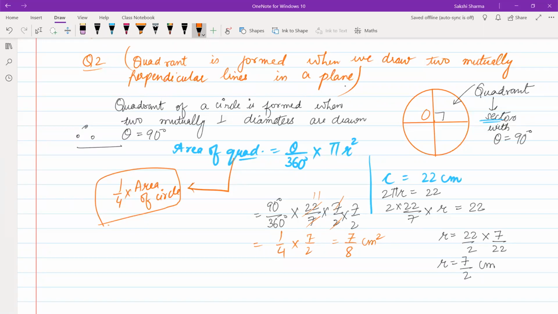I'm not sure. 77 by 8. I've missed 11 here. Yeah, this is the answer. 77 by 8 centimeters square.